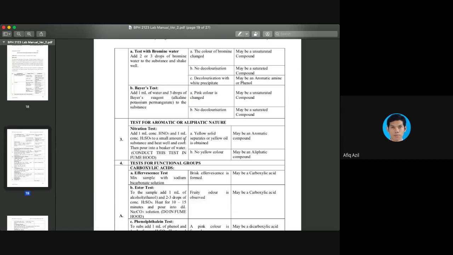Still remember this reaction. If the compound is aromatic, it will release very vigorous bubbling in the test tube. That's why I asked you to do the testing inside the fume hood, because it can be classified as an exothermic reaction, so it releases a lot of heat.